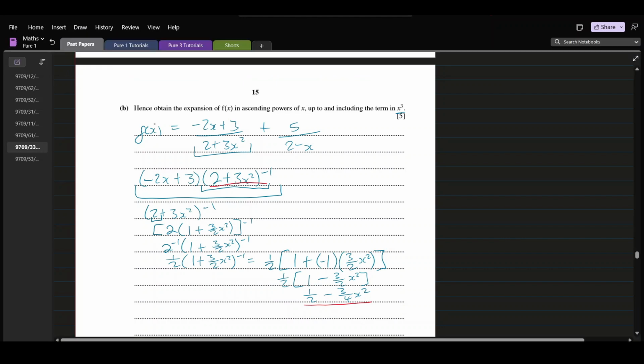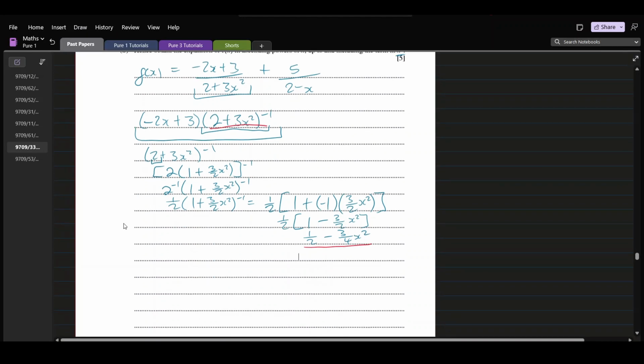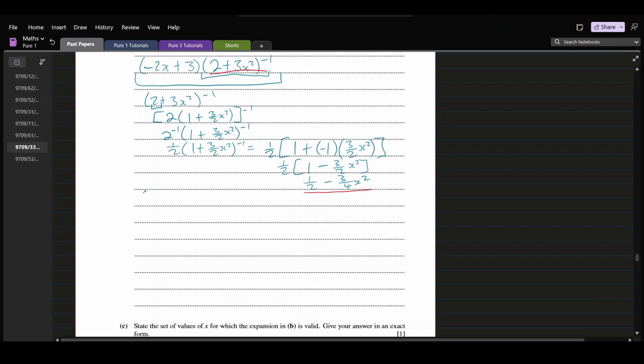So this would become negative 2x plus 3 times 1 over 2 minus 3 over 4x squared. And now let's expand.